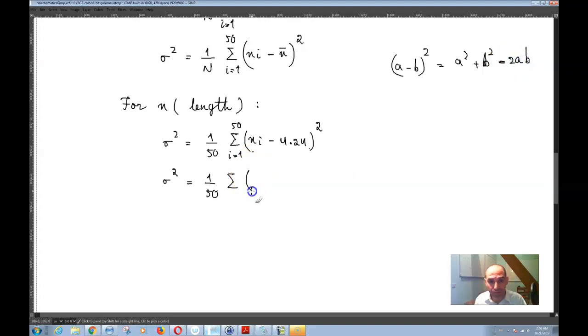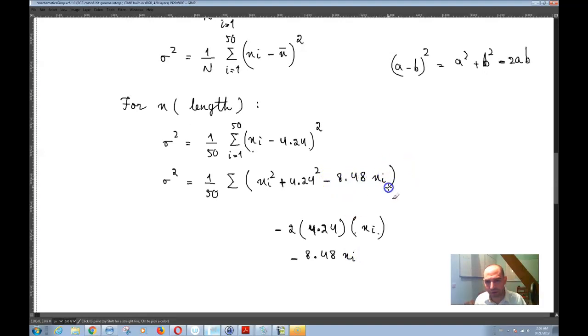So I can write this as x of i squared plus 4.24 squared minus, basically they have negative 2 times 4.24 times x of i, which is negative 8.48 x of i. 8.48 times x of i.